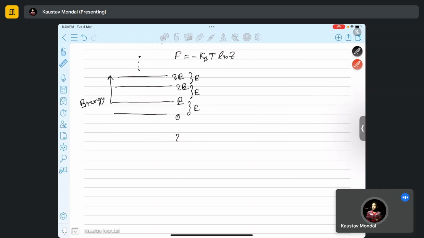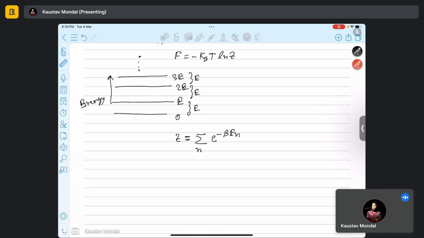Z equal to the sum over n of e to the power minus beta En, for a single particle, atom or molecule, whatever, with n energy states.